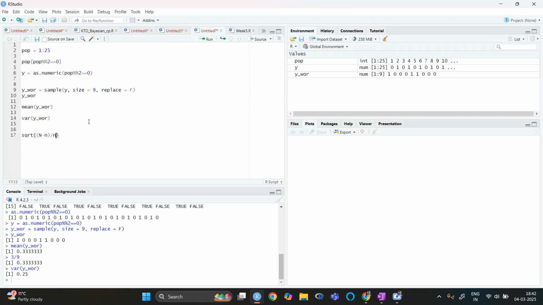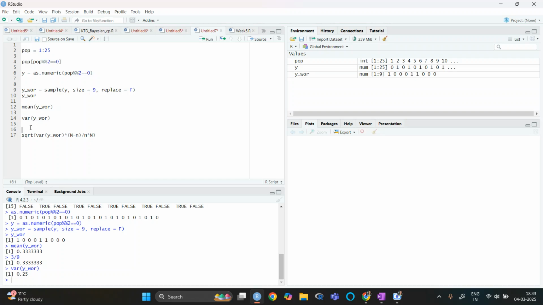So it will be this capital N, and then, okay, n I have not defined above.